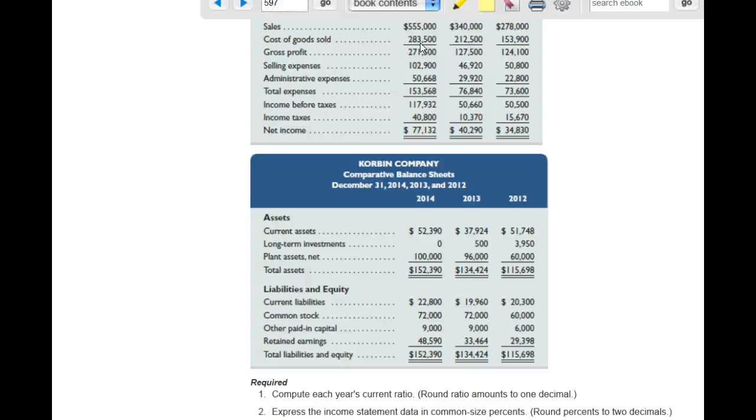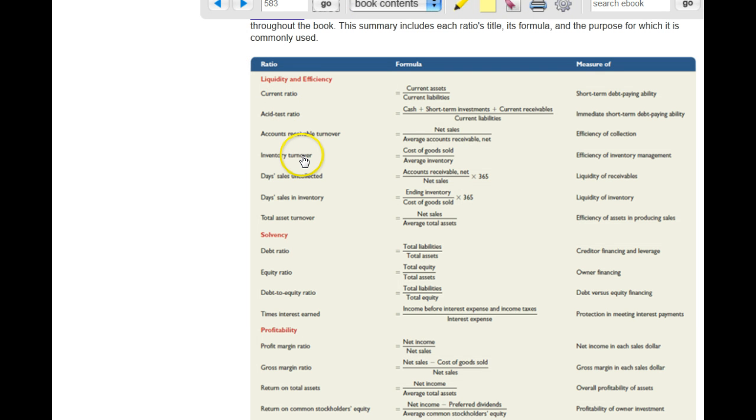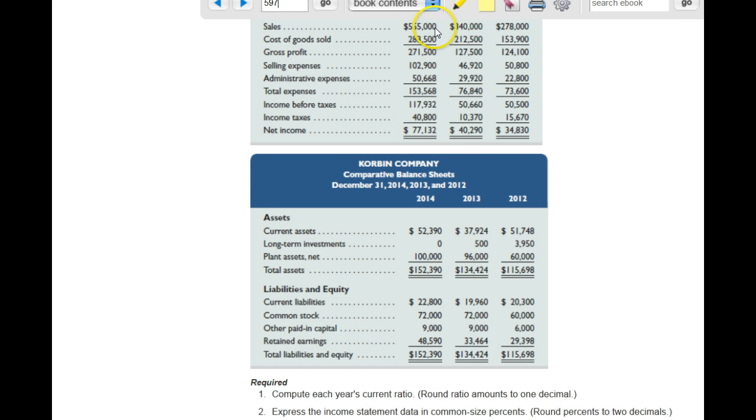Let's say all there is inventory. So if we would add the 30 in the current assets, so if we said that's 37 plus 52, we add them together, we get 89,000. We divide it by 2, it's roughly 45,000. So our inventory turnover would be 283,000 divided by 45,000, roughly 5. Okay? That's not too bad.